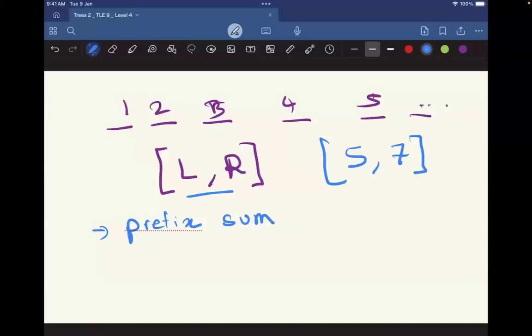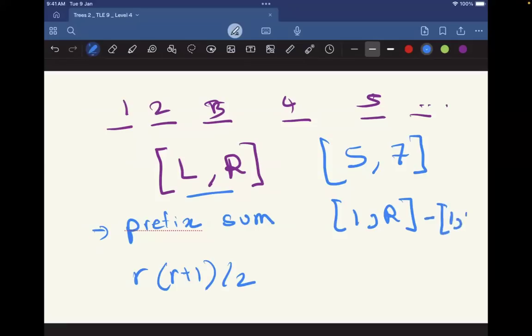Basically, what prefix sum is based on, what do I do? Tell me, guys, what is the sum from 1 to R? Sum of elements from 1 to R. R into R plus 1 by 2. Exactly. Now, do you agree? I only want to count from 1 to L. So I can more or less subtract the sum of values from 1 to L minus 1. If I do this, I would have this particular sum. Yes or no?